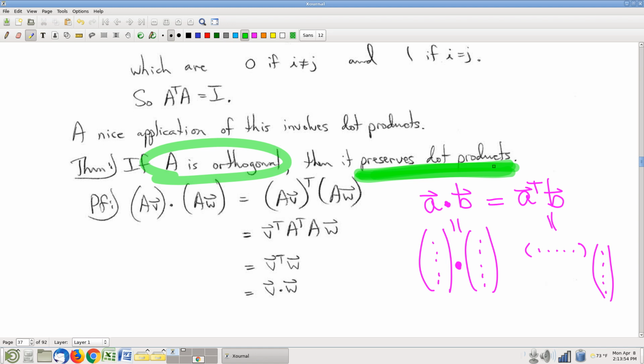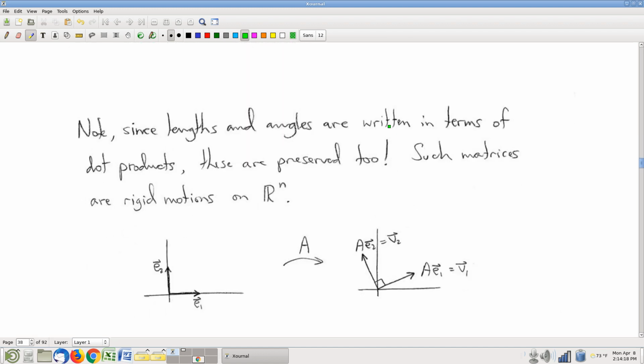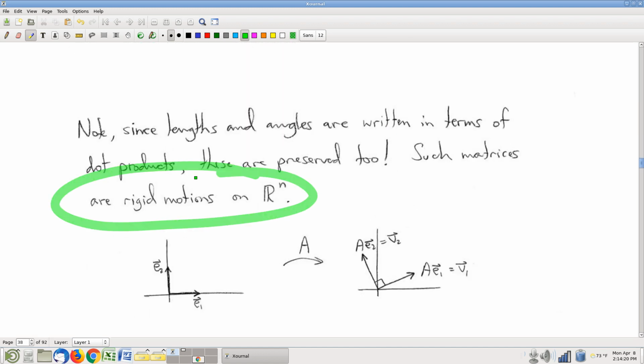So these orthogonal matrices don't just preserve some computational item. The action of multiplication by an orthogonal matrix preserves almost all geometric quantities: distances, angles, lengths, this kind of thing. These are what we call rigid motions on Rn. So multiplication by an orthogonal matrix, for example, might take Rn and rotate it, something like that.